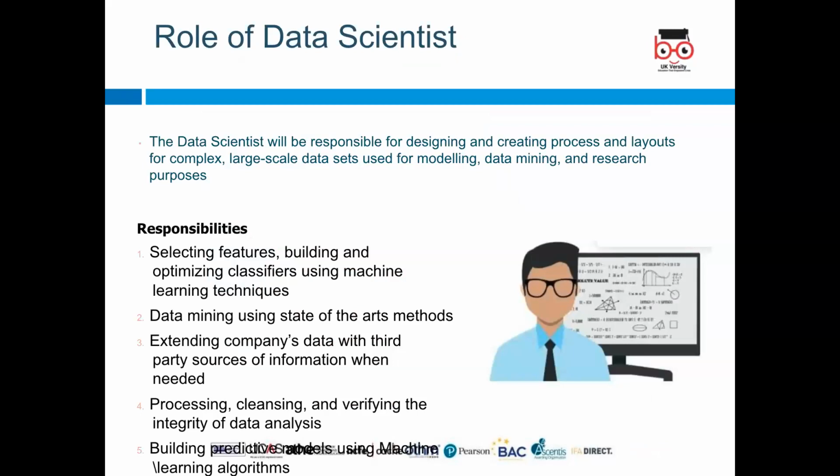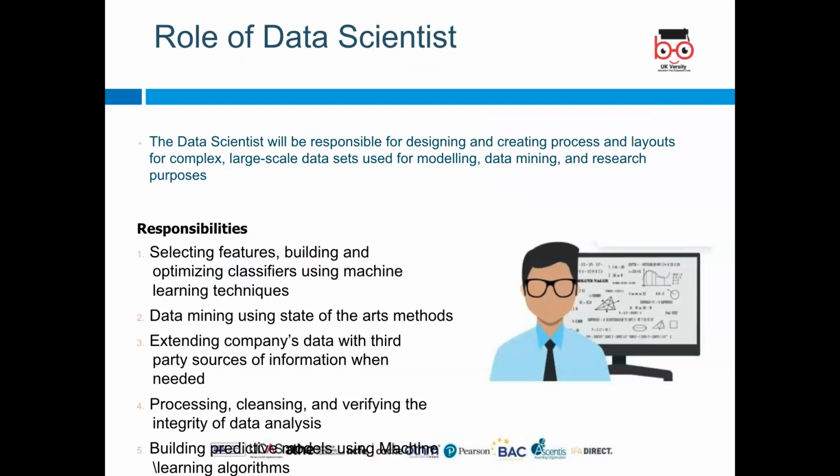So what is the role of a data scientist? A data scientist is someone responsible for designing and creating processes and layouts for complex, large-scale data sets used for modeling, data mining, and research purposes. What are the responsibilities of a data scientist?